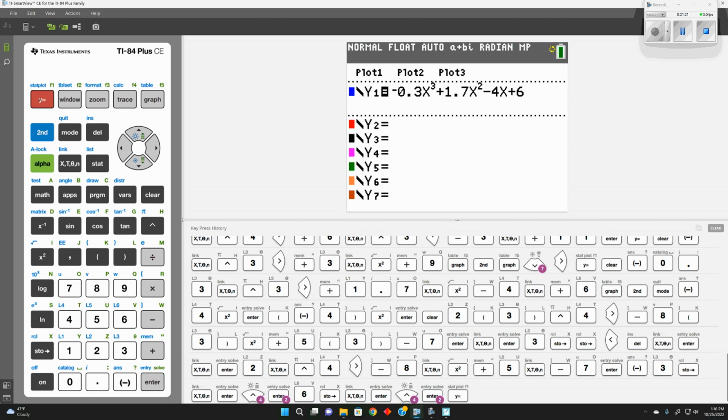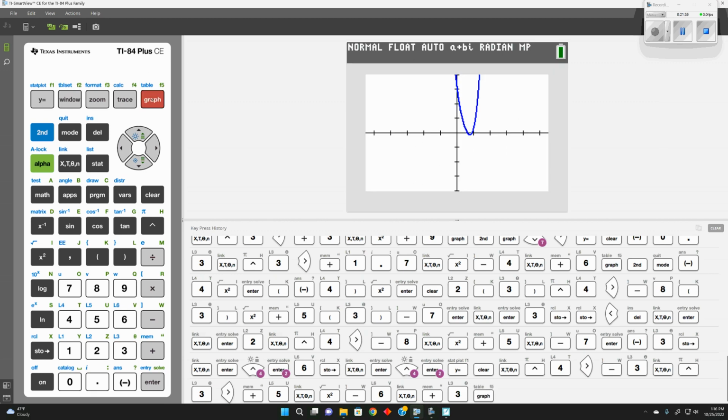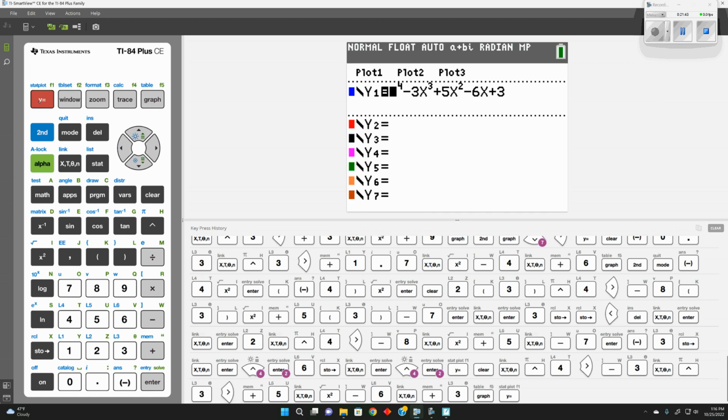So y equals x to the 4th minus 3x to the 3rd plus 5x squared minus 6x plus 3. I have no idea, okay, it'll look like that. I'm just messing with this function at this point.